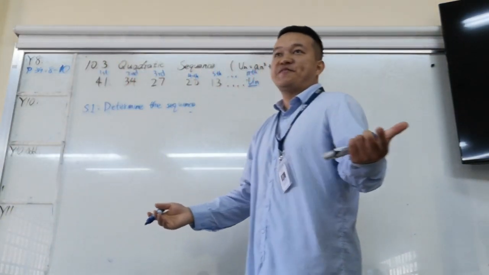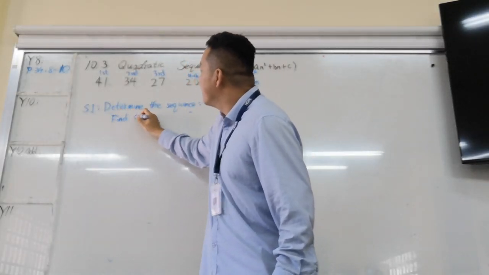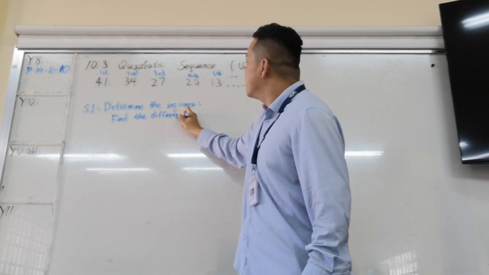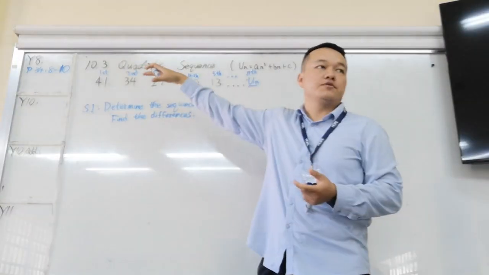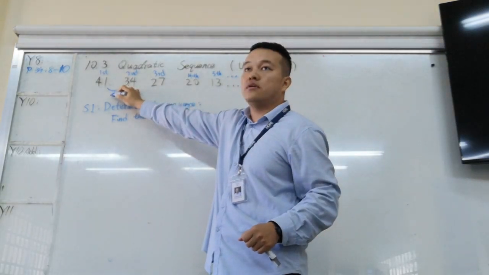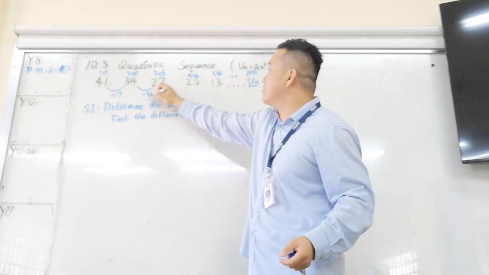Nobody correct me, nobody get a point. Find the differences. Okay, so we just need to look for the differences of all the numbers here. What's the difference of here? Negative 7, right?